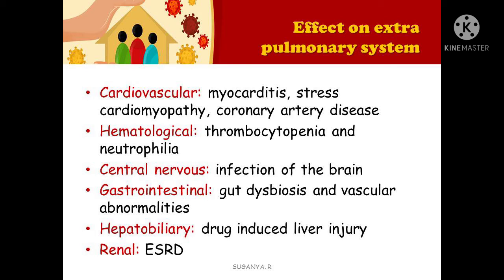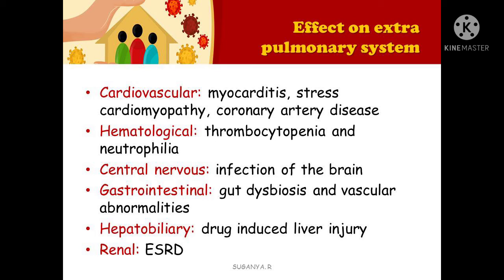In the cardiovascular system, the ACE2 receptors found in the myocardial cells will have direct cytotoxicity leading to myocarditis. Even the cytokine storm will worsen coronary artery disease and cardiomyopathy and may be associated with hemodynamic derangement.